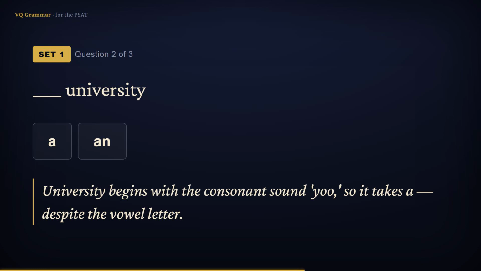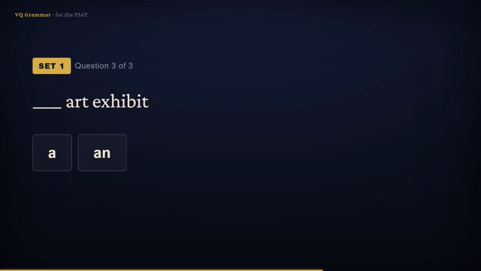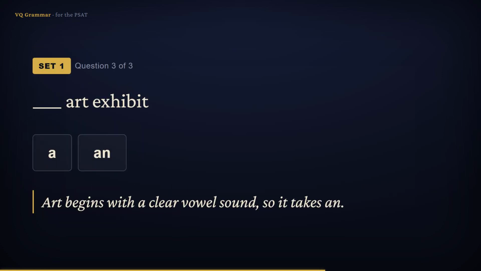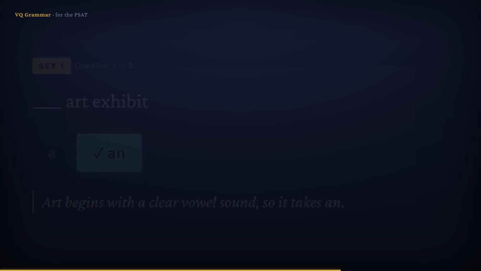But listen, university sounds like yoo-niversity. That U is a consonant sound, and a consonant sound takes a, so the answer is a. Art exhibit. A or an? Listen to art. It opens with a clear vowel sound, ar. A vowel sound takes an, so the answer is an.